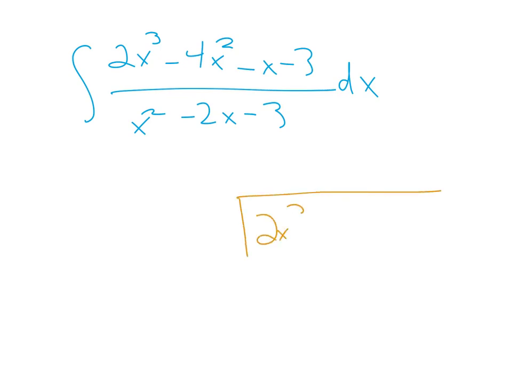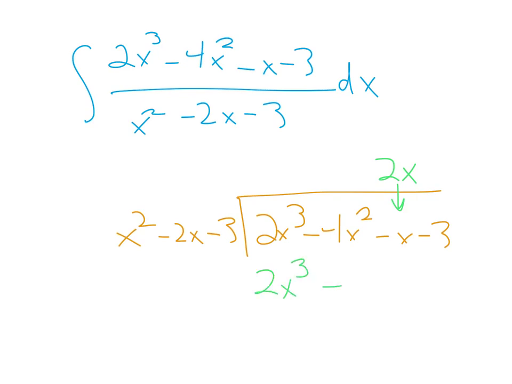So 2x cubed minus 4x squared minus x minus 3, divided by x squared minus 2x minus 3. To get from x squared to 2x cubed, I need a 2x. I like to line it up above its friend, the one it looks like. So that's going to be 2x cubed minus 4x squared minus 6x. I need to make sure I subtract down.